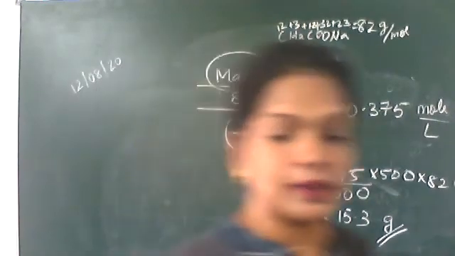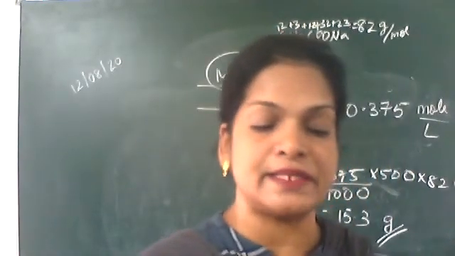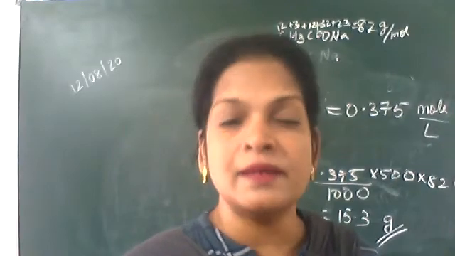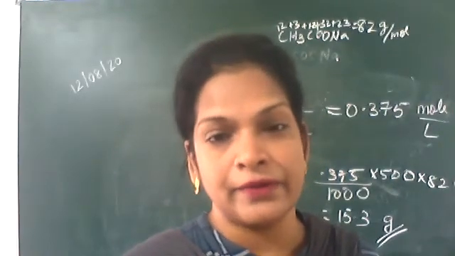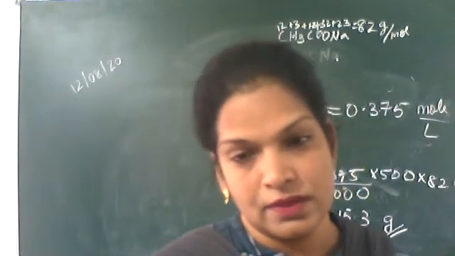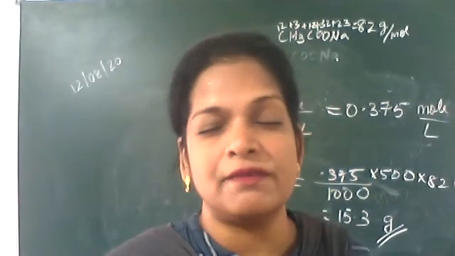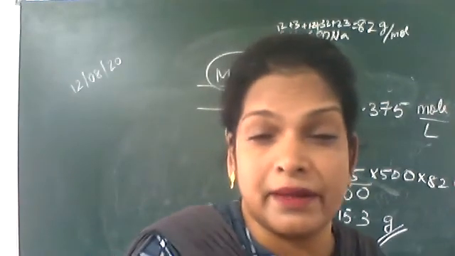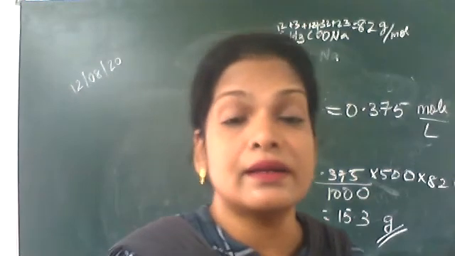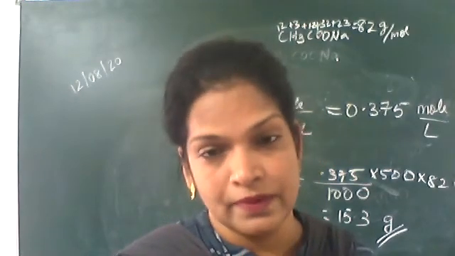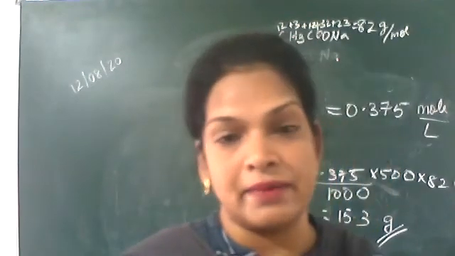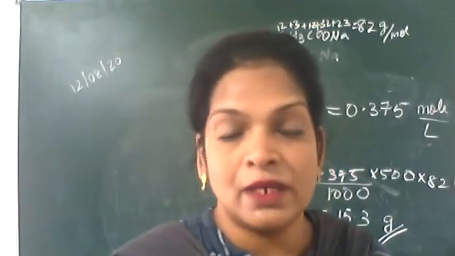Now you have to consider, whenever you see a percent by mass, you have to consider 100 gram of solution. Here it is 68% nitric acid by mass. What is the meaning of this?